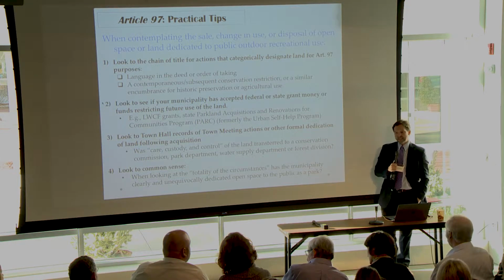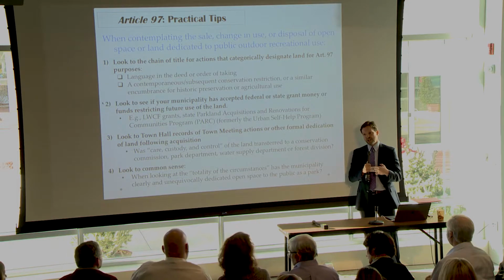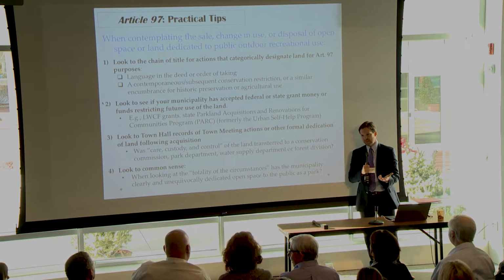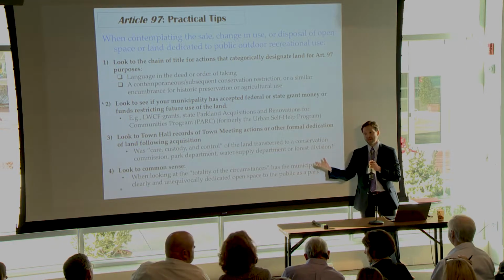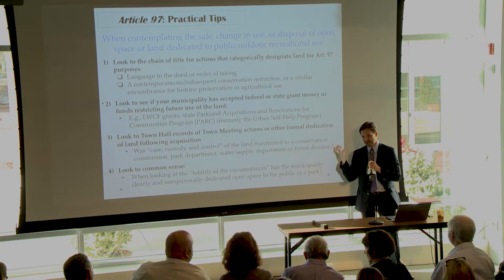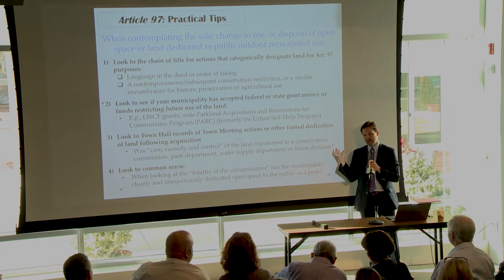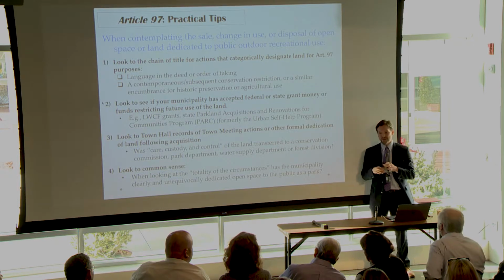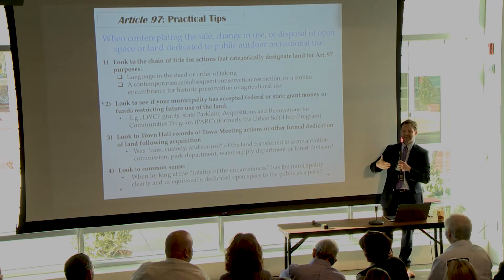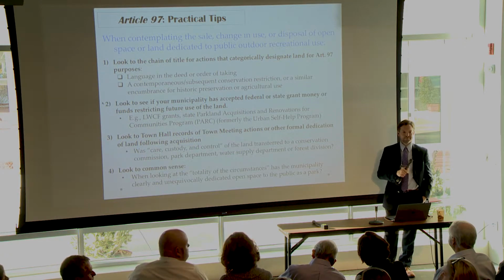It could be considered. It's certainly not as strong. Once you've accepted and used those funds, you are really subject to the requirements of the project agreement, which is going to very clearly restrict what that property can be used for. So the application itself is not going to be as strong evidence as acceptance and use of the funds.